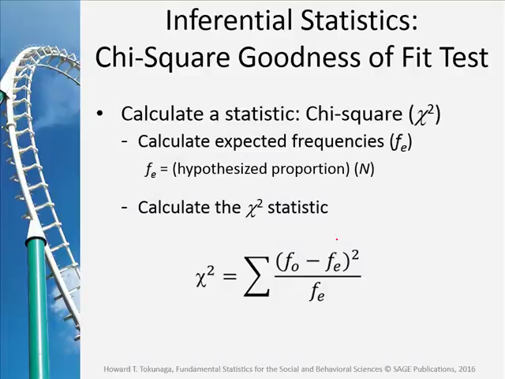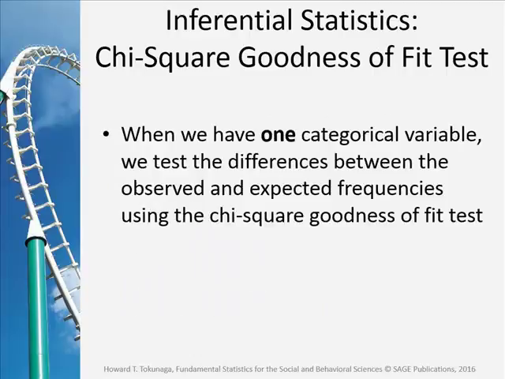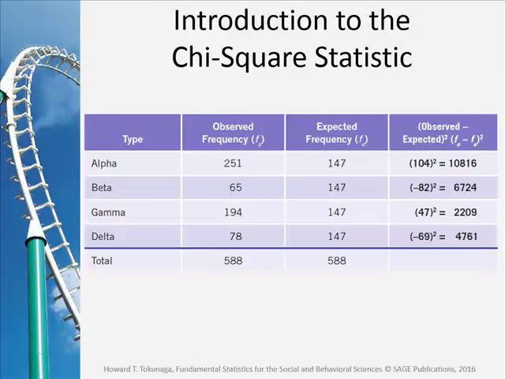Last step. So far we're up to here. The last thing to do is divide that by frequency expected. Okay. So you're going to go back to this table and divide these all by 147.